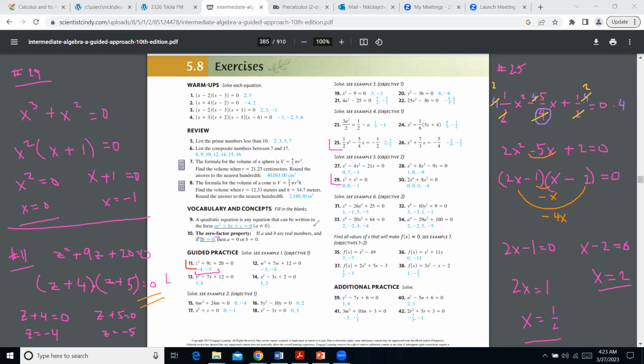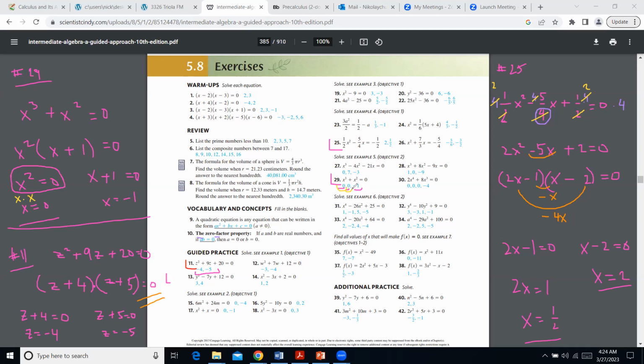So when I'm looking at the answers they provided in this exercise, it looks like they have 3 numbers here, and I just found 2. So where does the other one come from? Well, notice that x squared equals 0 gives us actually 2 factors, because when you have x squared, then you can factor it as x multiplied by x, and that's why they actually wrote that pair of zeros here as our solutions.